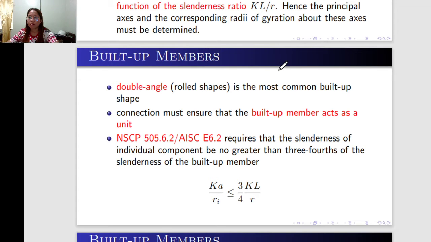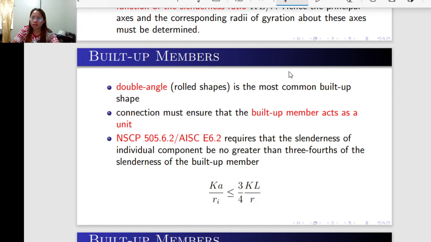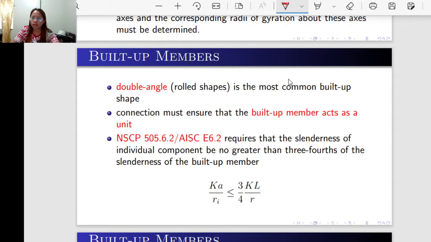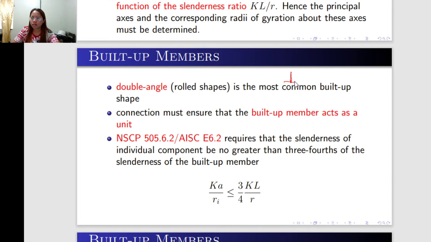You already know the double angle, the angle bar. I already got my ballpen, it's not writing. Okay, we have this angle and another angle to make a double angle.